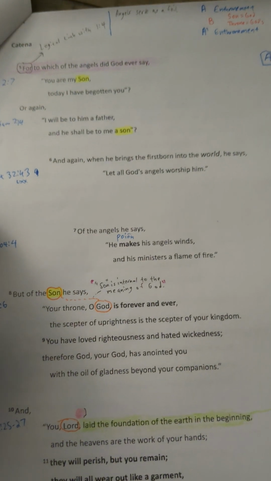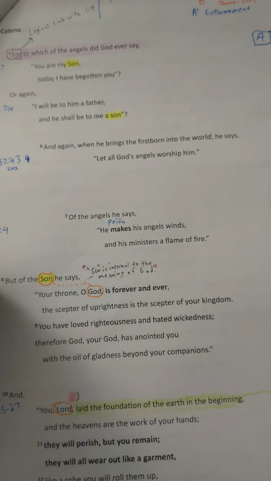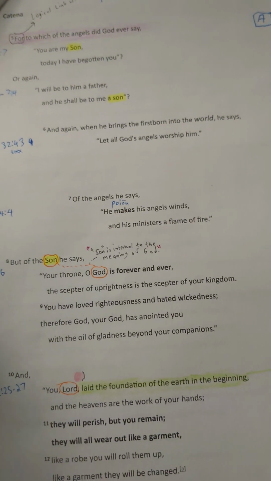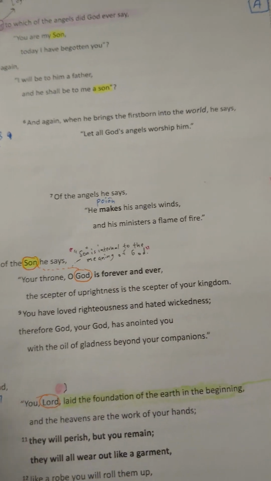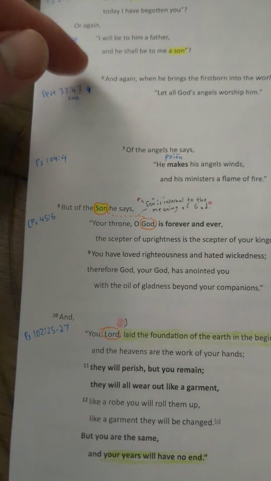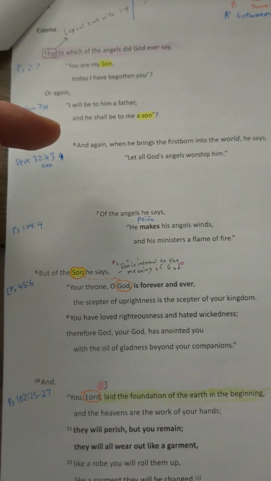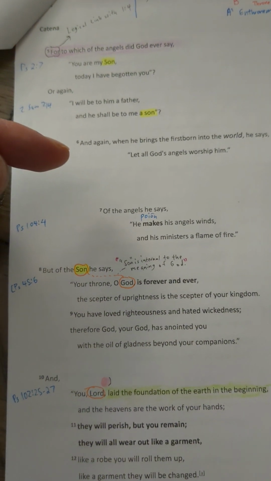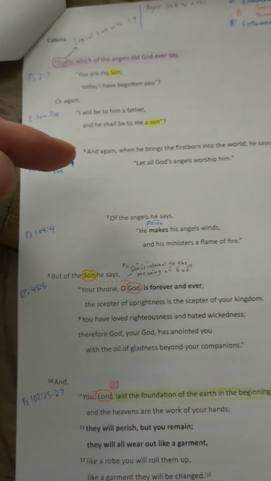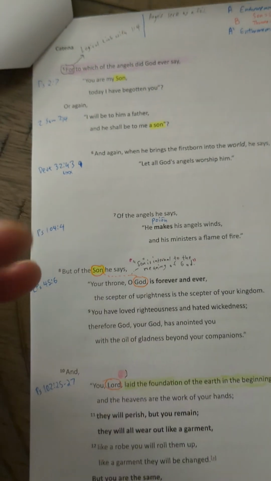But Cyril of Alexandria says there are certain things that are predicated on his divine nature, but he only accomplishes as a human. And I think that's really interesting and really important. So he's saying here, these things happen as he is a human, but could only happen predicated on his divinity, right? So he receives the worship of the angels as a human, predicated on his divinity, and it could have only happened through his divinity.